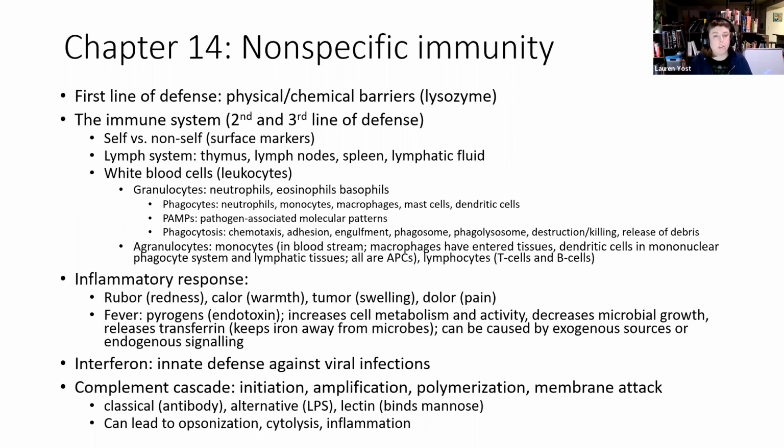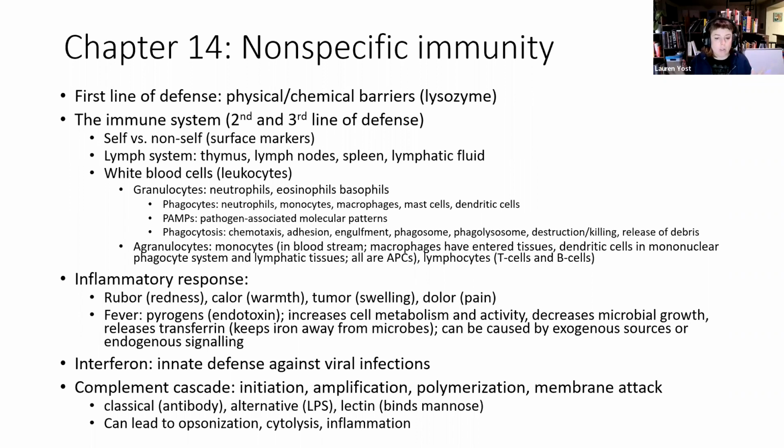So only for viruses. Then we talked about the complement cascade, which I think is just one of the coolest things. It's so useful even in non-specific immunity, but of course useful whenever we're talking about antibody mediated sorts of responses, because the first type of complement cascade that we learned about was the classical version, right? And that was triggered by antibody.